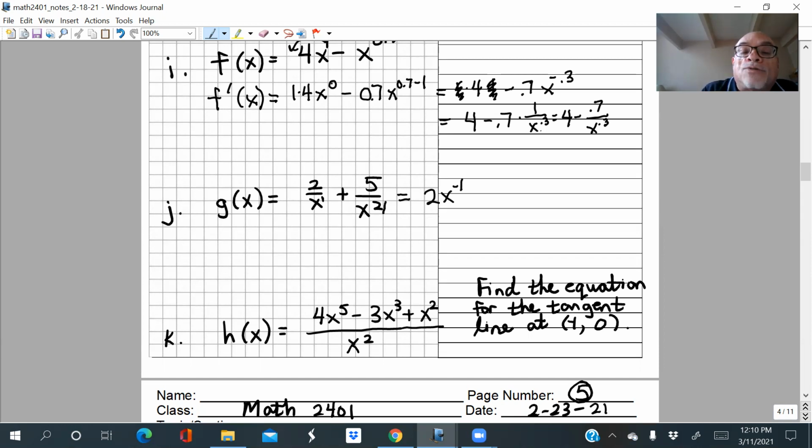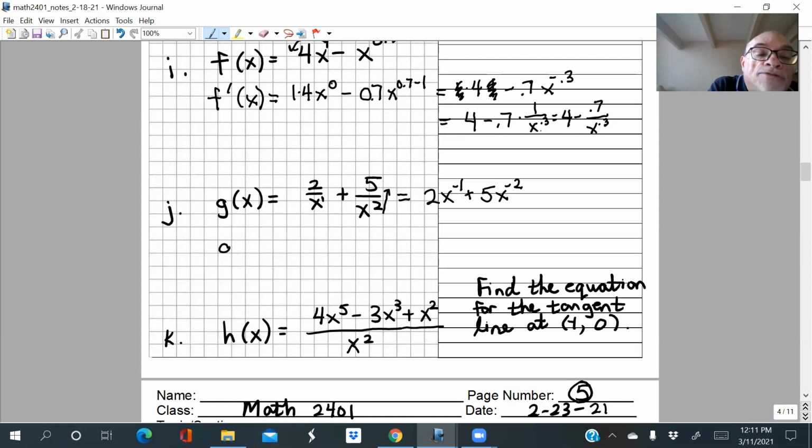I'm going to bring that x squared out of the denominator by changing the sign of this exponent. So 5 over x squared is the same as 5 times x to the minus 2 power. I need it in this form before I apply the power rule. I cannot apply the power rule to these two fractions, right? These are not really powers of x until I write them in this format.